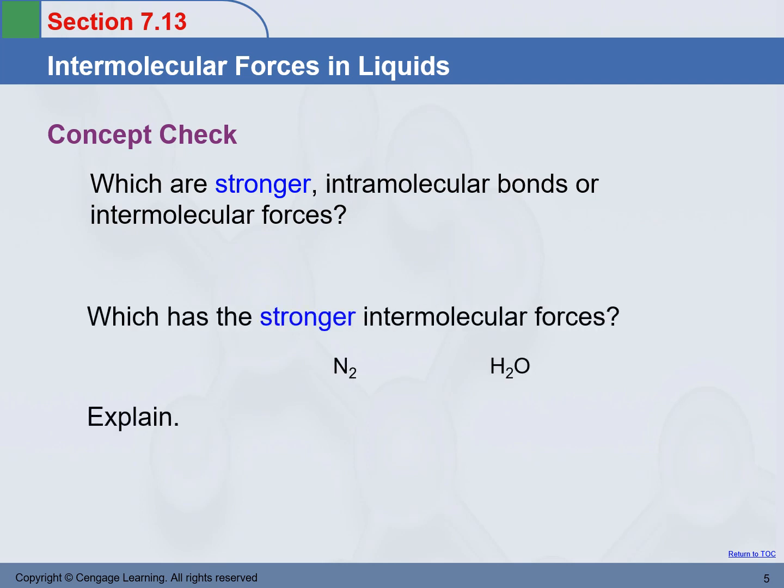Which has the stronger intermolecular forces, nitrogen or water? Of course, water. We know water has hydrogen bonds. Nitrogen is a nonpolar molecule. It only has London forces, one of the weakest intermolecular forces. So water has stronger intermolecular forces. It has all three kinds: hydrogen bonds, dipole-dipole, and London forces.